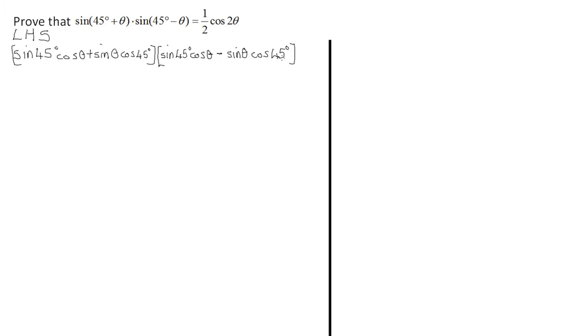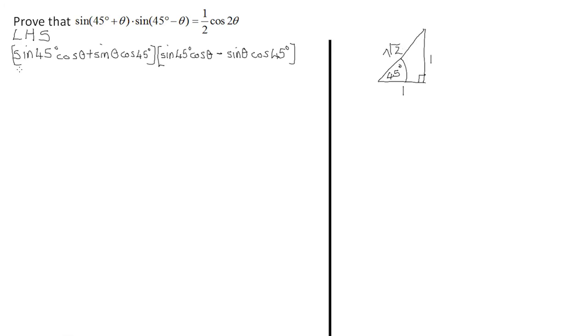Now here once again we can remove the brackets, or we can find the value of sine 45 with the aid of the diagram. It's going to give me 1, 1, and the square root of 2.